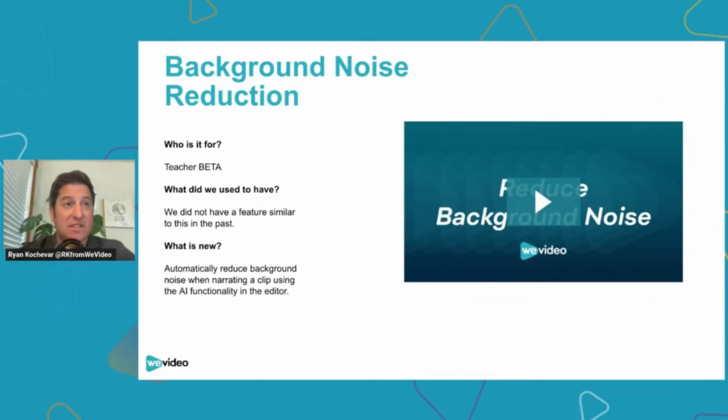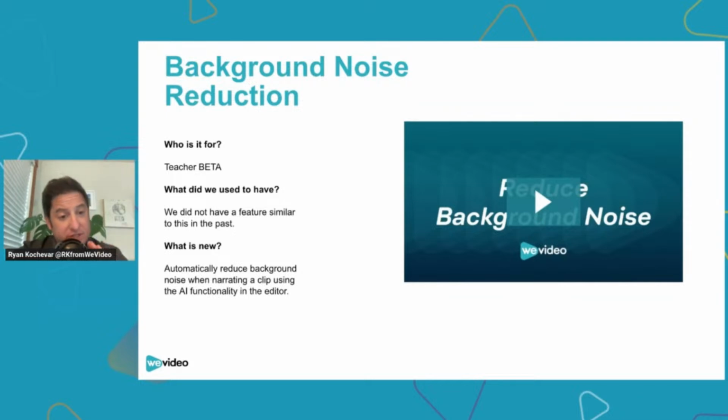And the way this works is that it's going to automatically reduce background noise when narrating a clip that might have background noise in it, right? So you're narrating as I'm doing now, and you've got a ton of noise going on in the background. You'll be able to simply click a toggle button and it will automatically reduce that background noise.